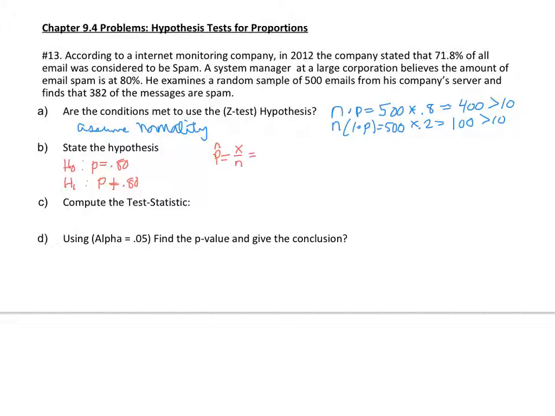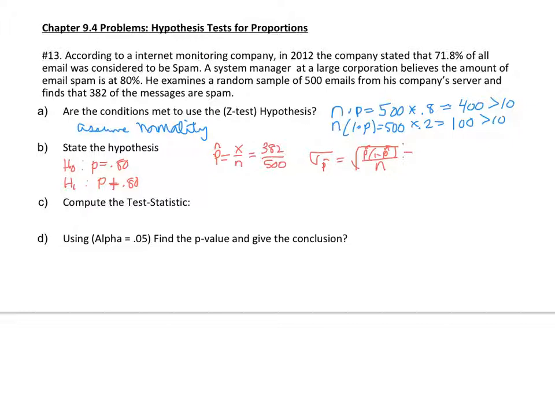In this particular case, we had 382 emails out of 500 that were considered spam. And the other thing we want to do is calculate sigma p hat, which is the square root of p hat 1 minus p hat, or actually it's just p, I'm sorry, it's just p in this case, divided by n.